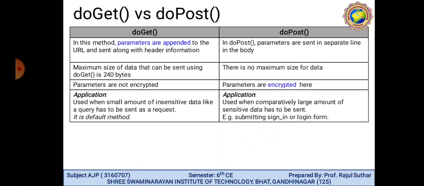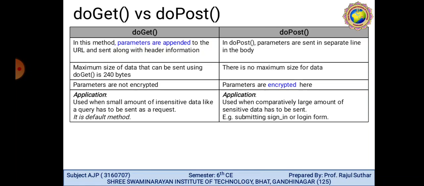The doGet application can be used when a small amount of insensitive data, like a query, has to be sent as a request. It is the default method. The doPost method is used when a comparatively large amount of sensitive information has to be sent, for example submitting sign in or login information.